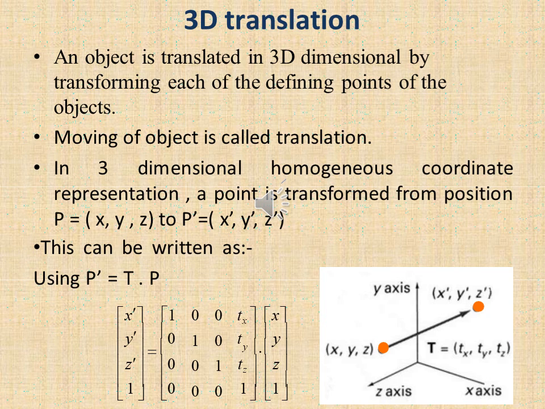In three-dimensional homogeneous coordinate representation, a point is transformed from position P of x, y, z to P dash equal to x dash, y dash, z dash. This can be written as P dash is equal to T into P.